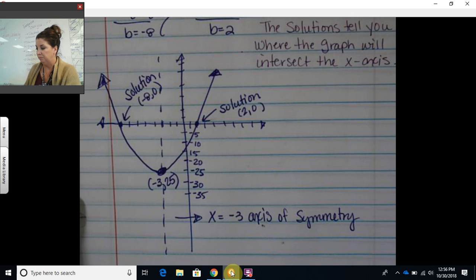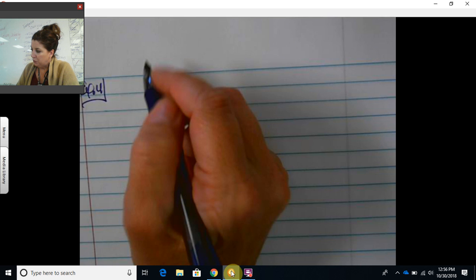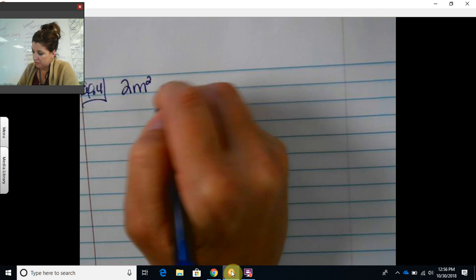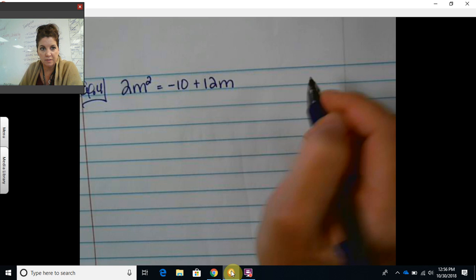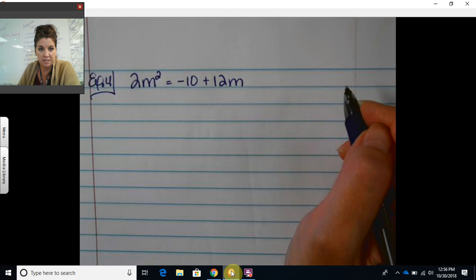All right, example 4. We have 2m squared equals negative 10 plus 12m.